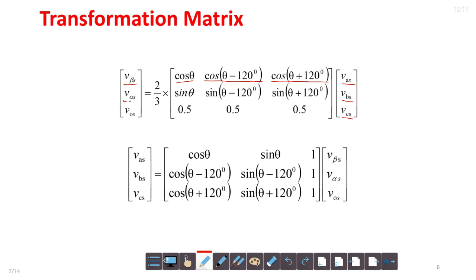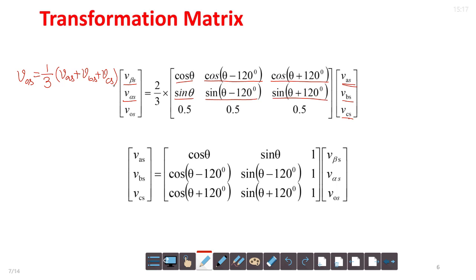Similarly, for V alpha S, the component of VAS along alpha S is sin theta, the component of VBS is sin of theta minus 120, and the component of VCS along alpha S is VCS into sin of theta plus 120. That way you get V alpha S, and a 0 sequence component can also be present. The 0 sequence component V0S, according to the 0 sequence formula, is 1 by 3 of VAS plus VBS plus VCS. The 0 sequence component is always like this.